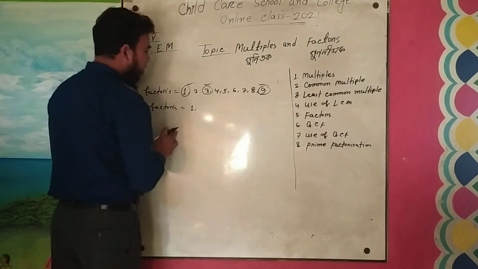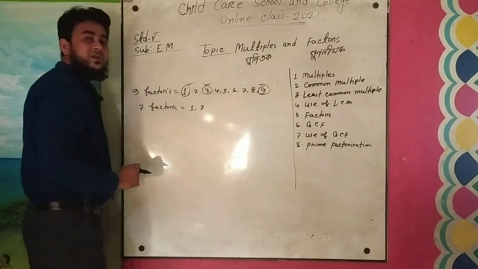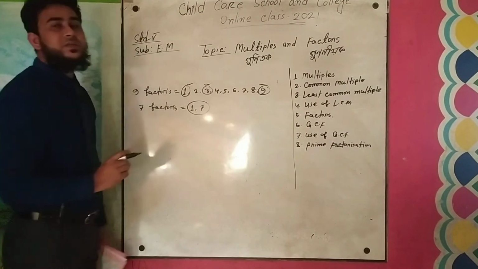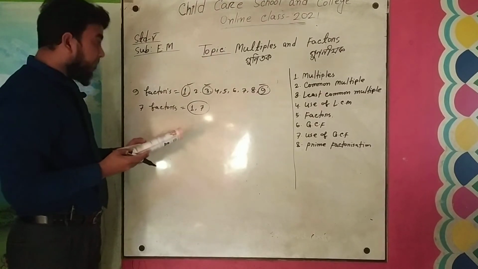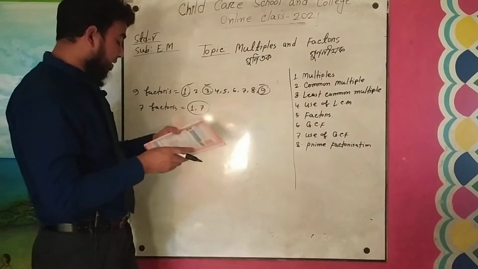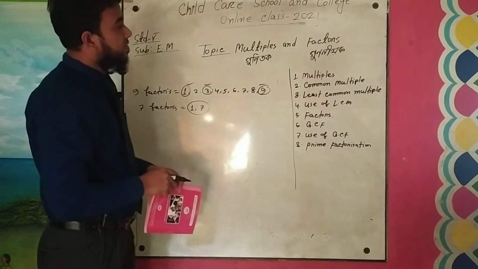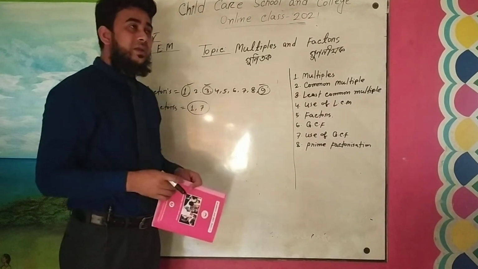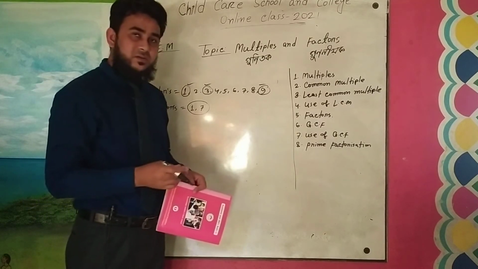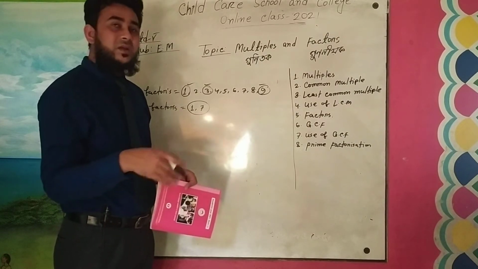I think there is no other factor except 7. So here only 1 and 7 are the factors of 7. Okay, so this is factors. So already you have understood what factors are. Factors means gunaniyok in Bengali. Another meaning of factors, you can say a divisor, by which number we divide a number. All of these divisors are factors.